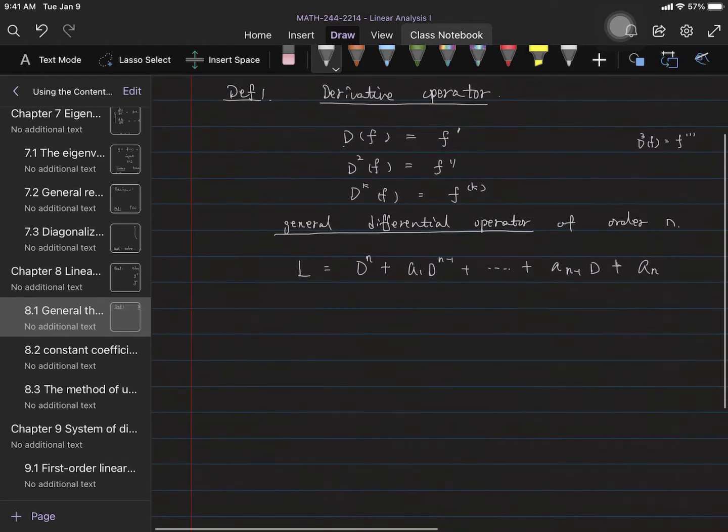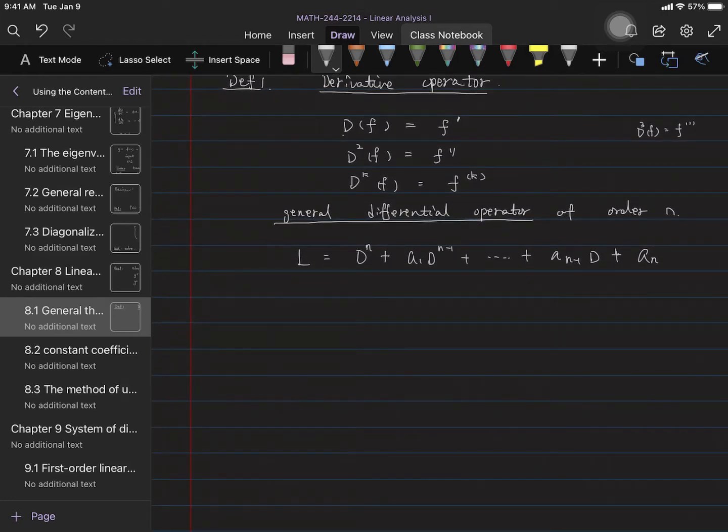Okay, so what's the meaning of that one? This whole operator applied to y means Ly, and y is the function.